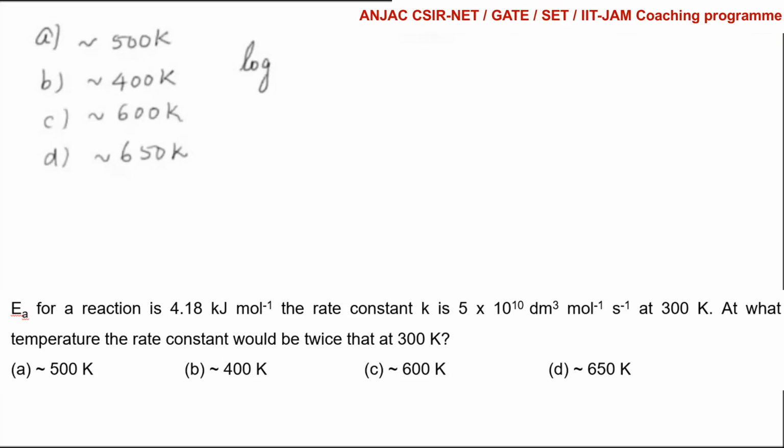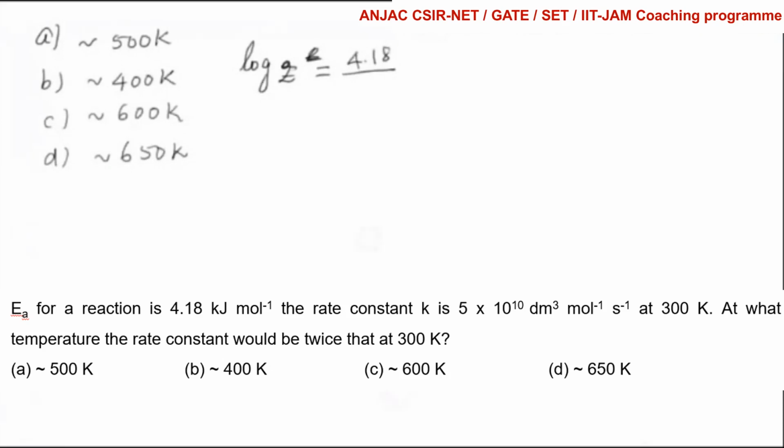Okay. Then substitute K2 by K1 should be twice. Therefore, log 2 is equal to, substitute the EA value as such, 4.18. Log 2 is equal to 4.18. Here you are substituting as a kilojoule.